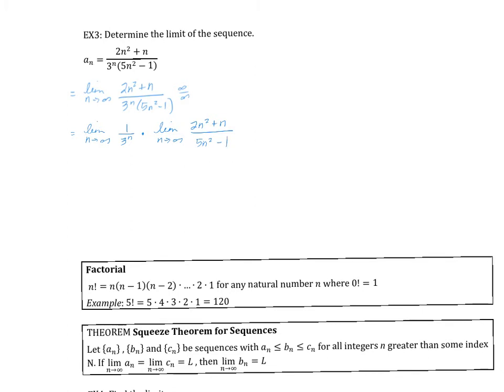I'm doing that because 3 to the n is an exponential function, whereas 2n squared plus n over 5n squared minus 1 are polynomials. So they're a little bit different.